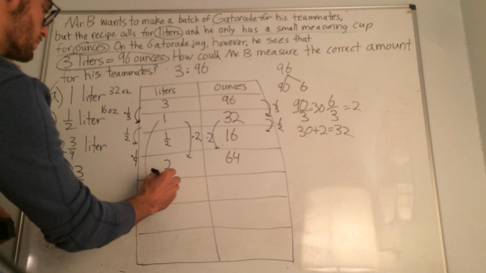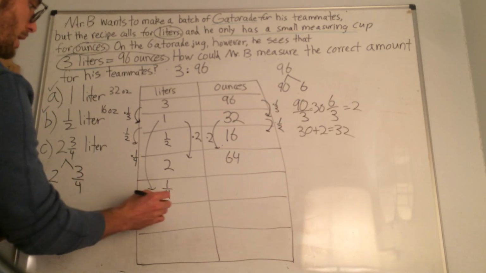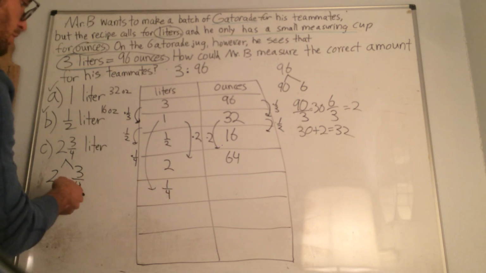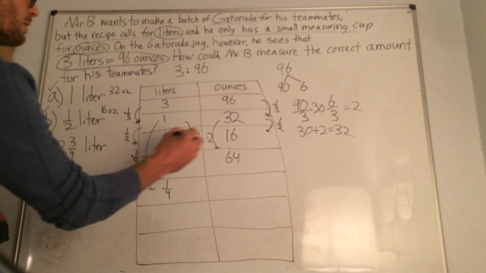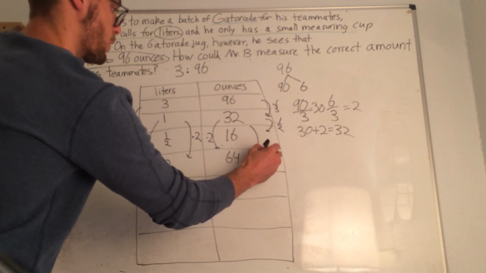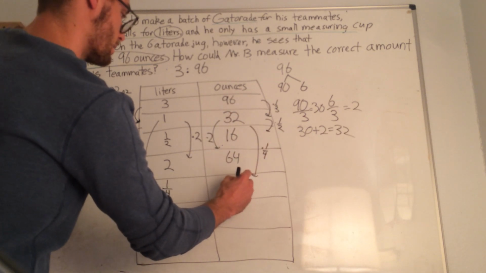The reason I do that is because I want to get a number that has the same denominator, the same parts. So I know 1/4 goes into 3/4. So I go 32 times 1/4. 32 divided by 4, 32 times 1/4, is 8.